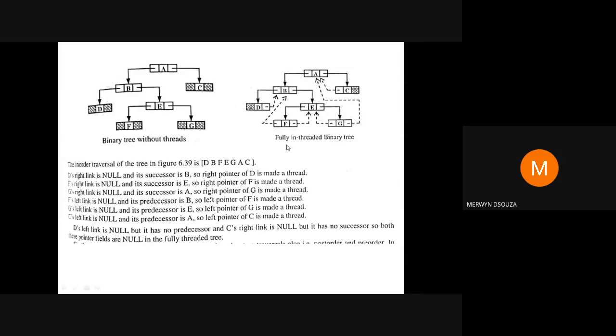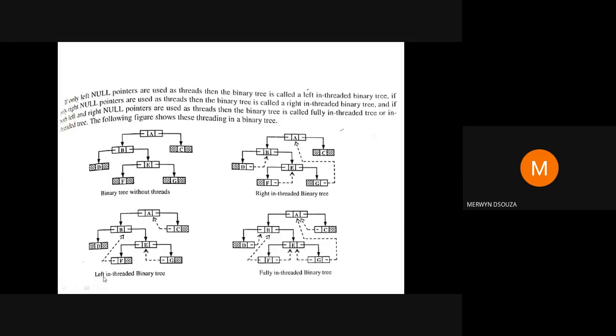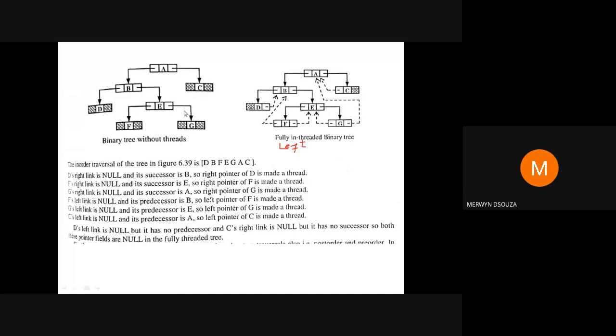So this is how you draw a fully in-threaded binary tree. Now if you want a left in-threaded binary tree, then you take the diagram you have, the link representation of a binary tree, and you replace only the left side of the nodes.